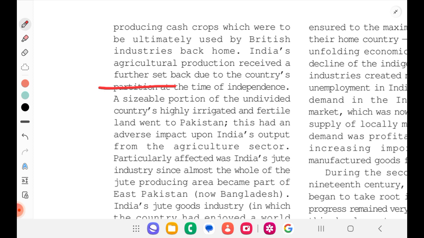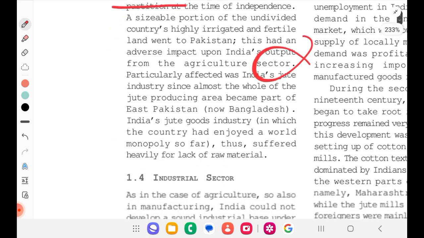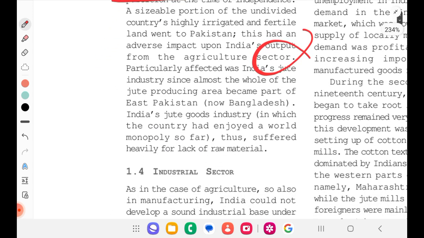Particularly affected was India's jute industry, since almost the whole of the jute producing areas became part of East Pakistan, now Bangladesh. India's jute goods industry, in which the country had enjoyed a world monopoly so far, thus suffered heavily from lack of raw materials.